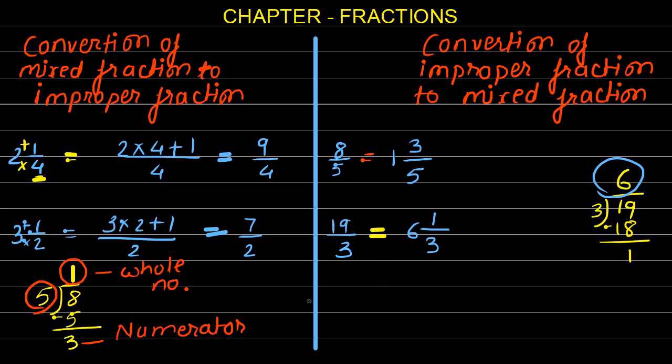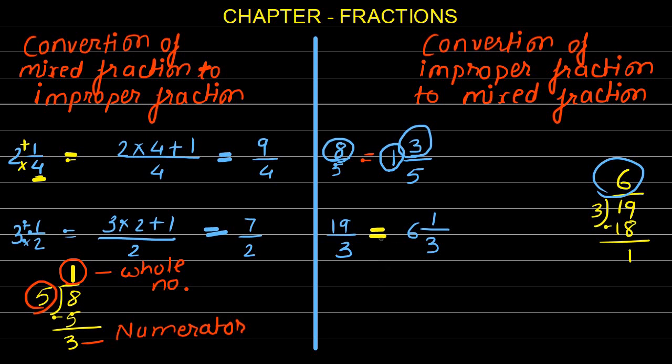So remember, in the conversion of an improper fraction into a mixed fraction, you need to divide your numerator, because the denominator is always the one that divides. So 8 divided by 5, and your quotient, that is 1, you write as the whole number, and your remainder you write as your numerator. And as I said, the denominator remains the same.